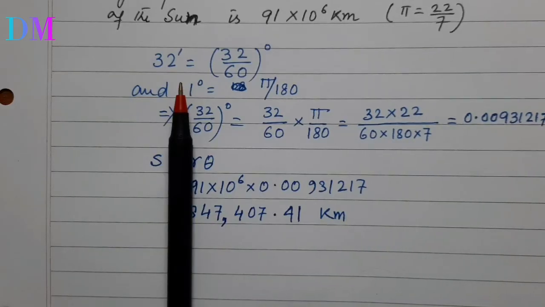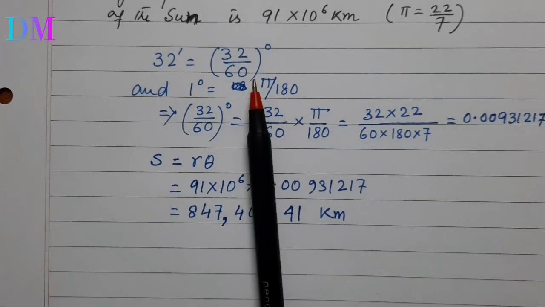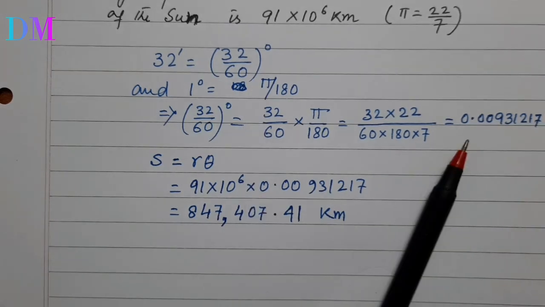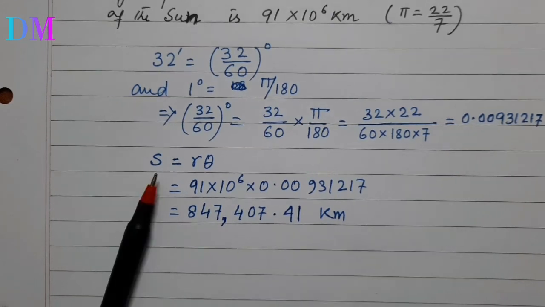Now let us convert 32 minutes to radian. First of all, 32 minutes will be 32 by 60 degree, and 32 by 60 degree will be equal to 0.00931217 radian.